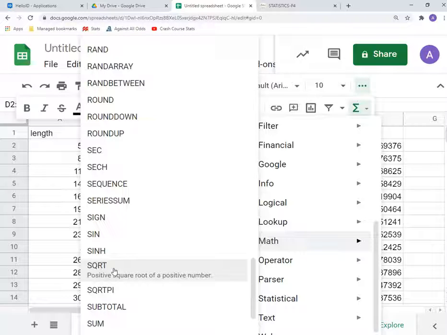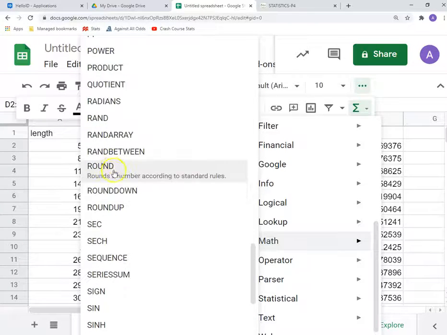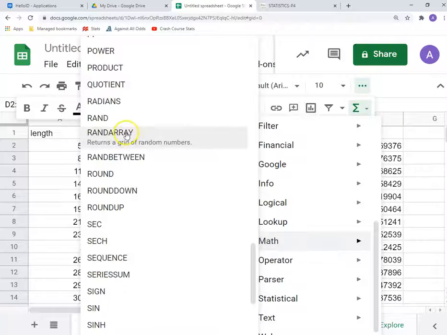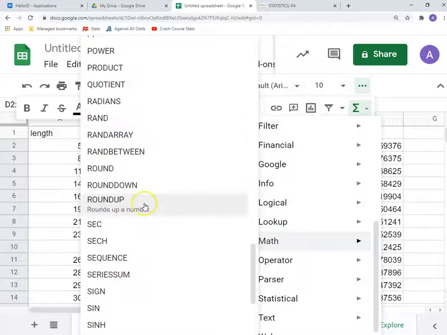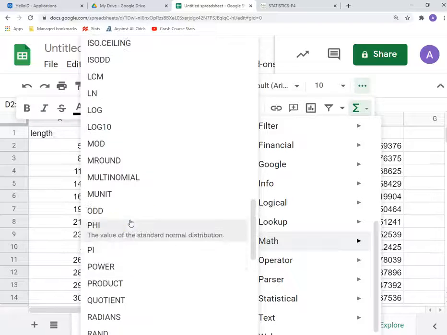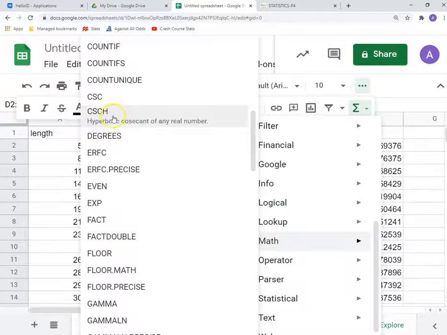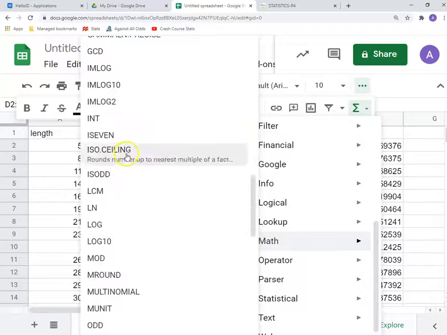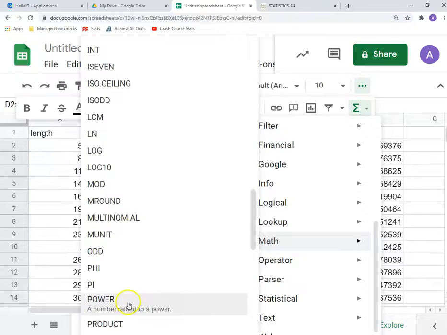They don't have any other roots. I have looked, but I haven't found it. I haven't seen radical. A radical could be a way that you do a cube root. I looked up here for cube and it wasn't there. So you have to think of it as a power.